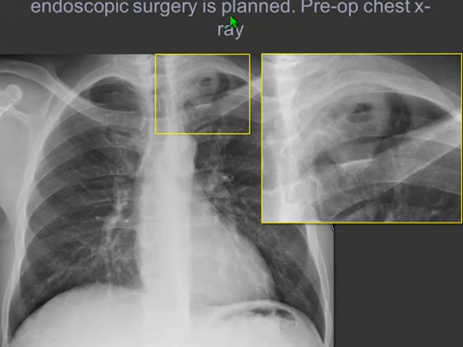Endoscopic surgery is planned, preoperative chest x-rays are obtained, and you can see we have an opacity in the apex of the left lung, upper lobe, and also with some transparency inside suggesting excavation.